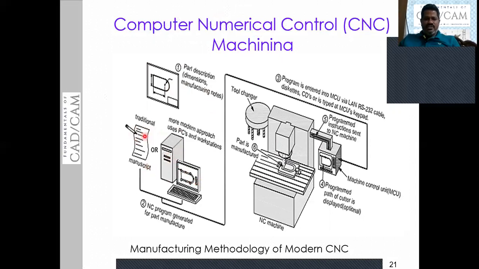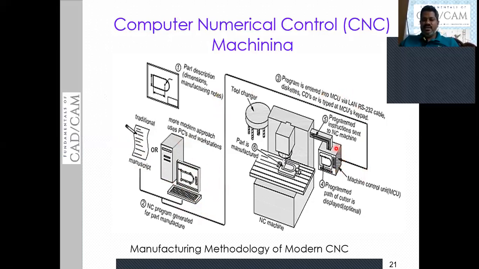The manuscript will be written as per the part description. According to the manuscript, the outline of the program, the actual program will be written in the computer. The computer where the actual program is stored will be connected to the machine control unit, where you have the different devices, as I said just now.